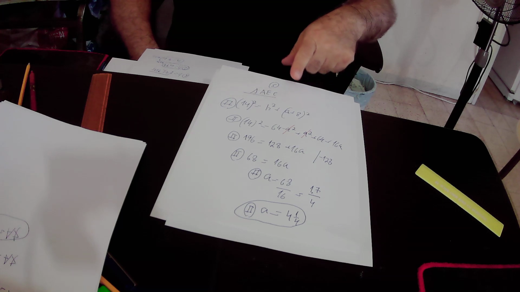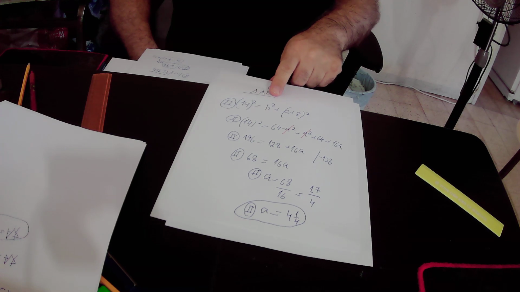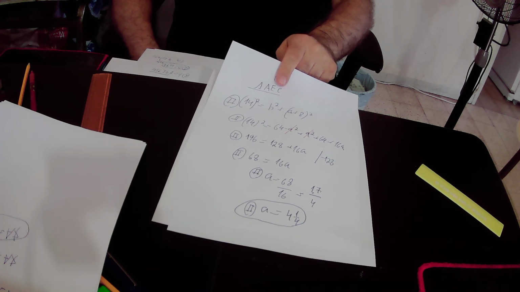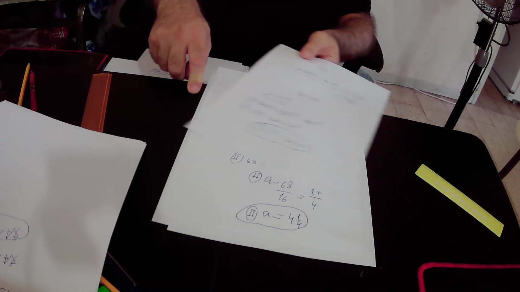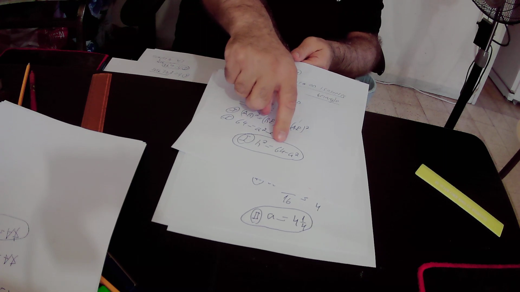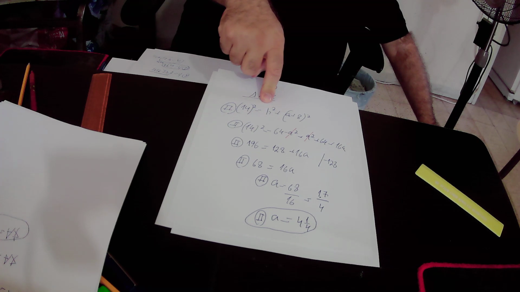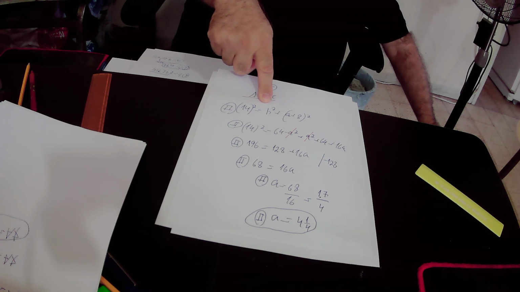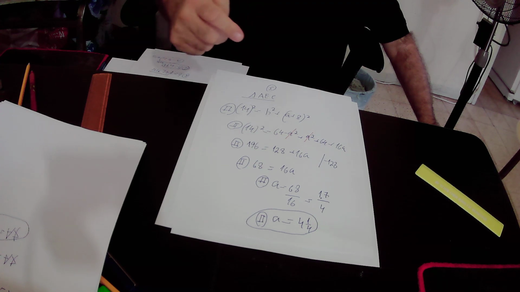Here we open the brackets, and we have 8 square, but we have already found out, this is equation number 2, and from equation number 1 we know that H square equals 64 minus A square, so we can substitute H square from equation number 2 by 64 minus A square from equation number 1. And the only variable that we have here is A, so it is one equation with one variable.